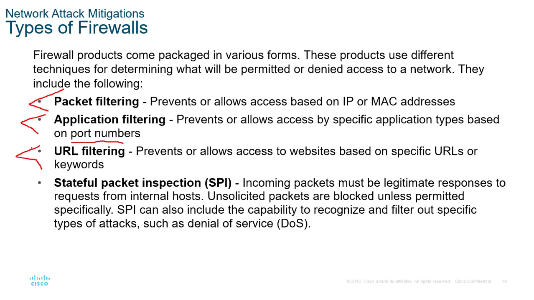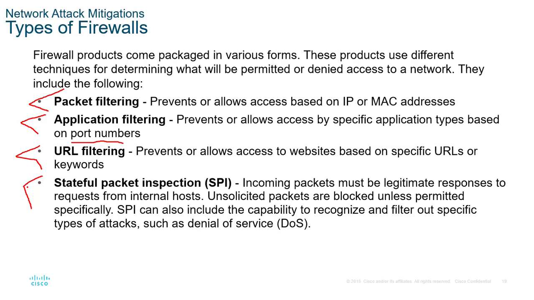URL filtering prevents or allows access to websites based on specific uniform resource locators or keywords in the web content or web searches. And stateful packet inspection. Incoming packets must be legitimate responses to requests from internal hosts.